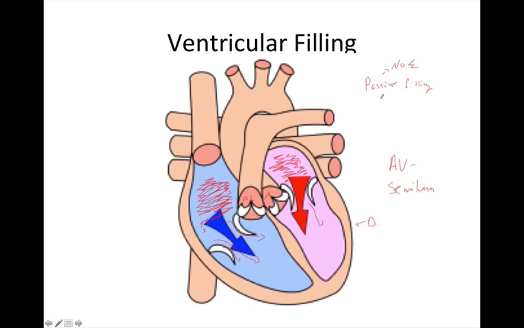No work is being performed. The valves just automatically open, and because of gravity, that blood is pulled downward into the ventricles. It's important to understand that 80% of ventricular filling is a passive process. So 80% of the blood that goes from the atria into the ventricles does so without any work whatsoever.